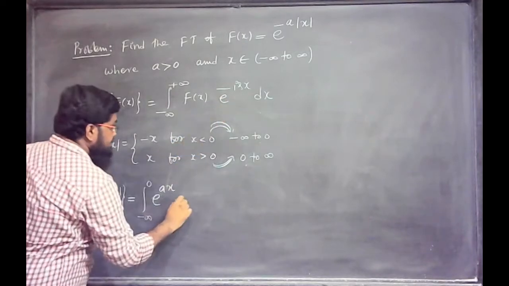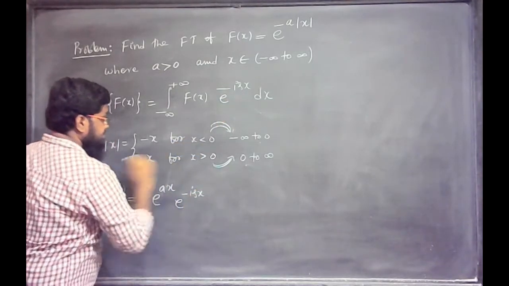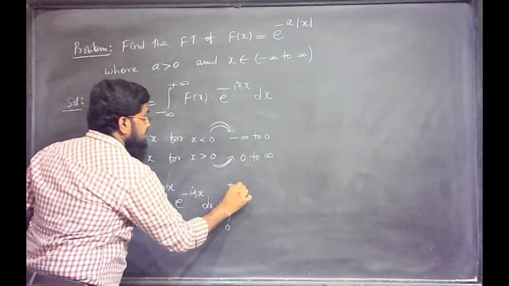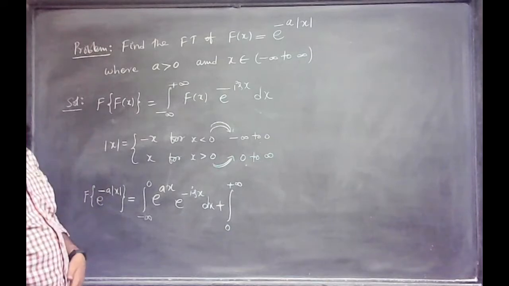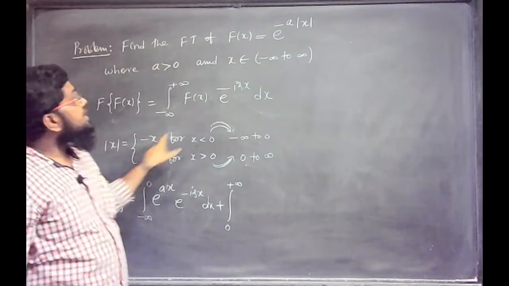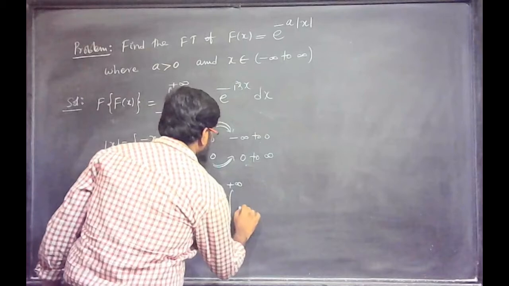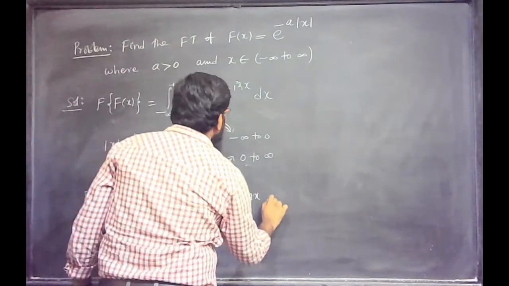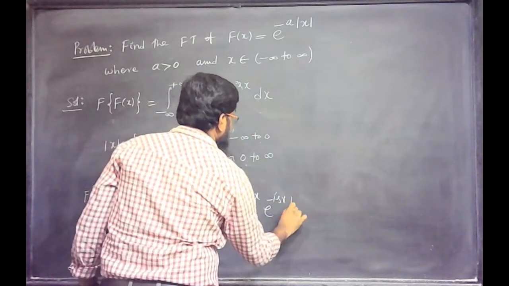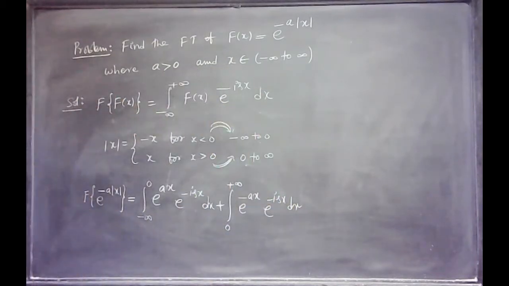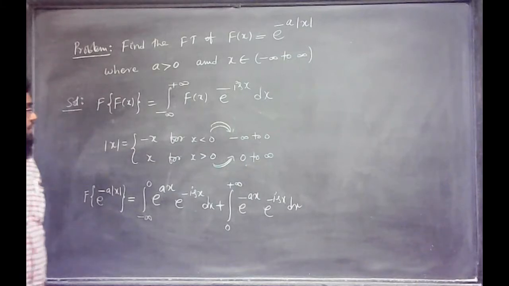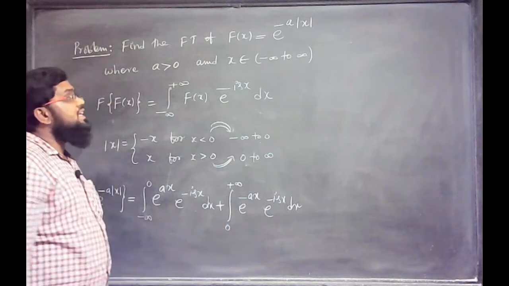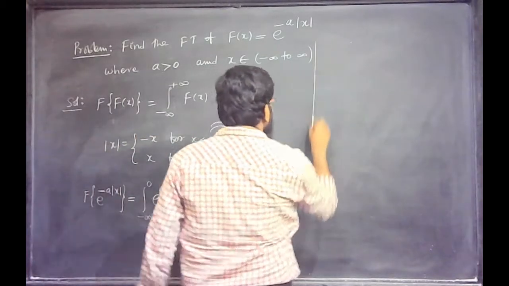Then as usual గా మనకి e power minus isx dx plus 0 to infinity, x greater than 0, అంటే 0 to infinity లో ఇక్కడ x పెడితే e power minus ax, అంటే దీంట్లో e power minus isx into dx. Okay, now you do one thing. So exponential ఒక దగ్గర రాద్దాం, ఇక్కడ exponentials ఒక దగ్గర రాద్దాం, then what will be the remaining for us?